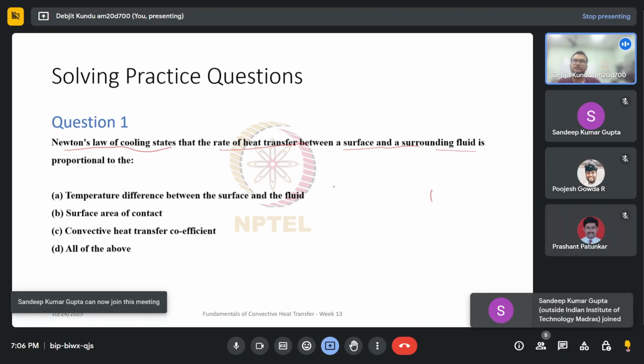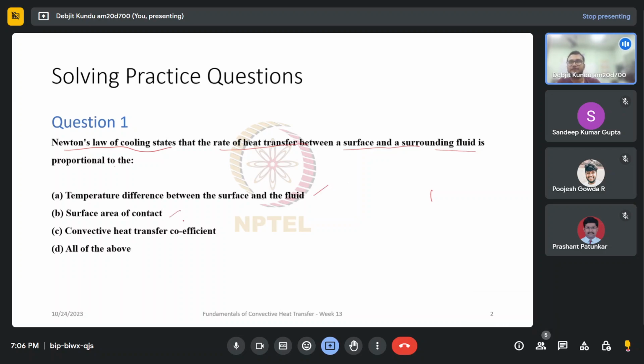Is it option A, the temperature difference between the surface and the fluid, the surface area of contact, the convective heat transfer coefficient, or is it all of the above? So read the question carefully, like you have been doing so far, and pick out the correct option from the ones given below. And then once you have the correct solution, you can either unmute and answer, or you can type in the chat box as well, whichever way you feel comfortable.